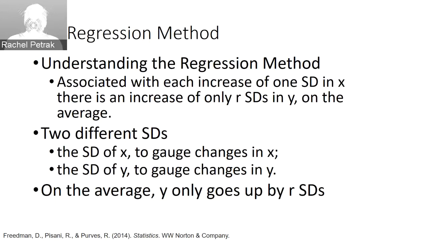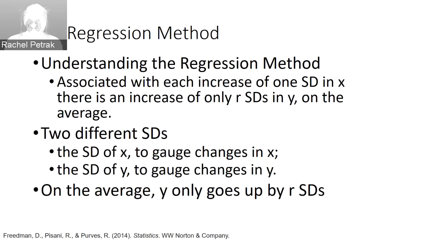There's an increase of only r standard deviations in the outcome. It's easy to get into, so you have two different standard deviations. You have the standard deviation of x, which helps us assess changes in x and variability in x. The standard deviation of y helps us assess the changes in variability in y. And on average, y goes up by r standard deviations.